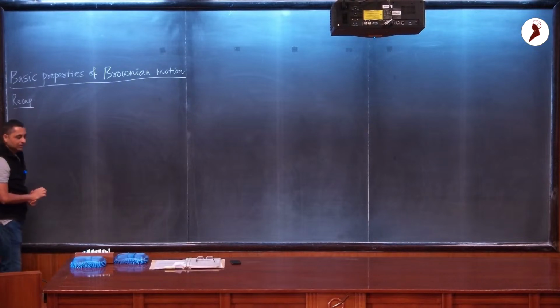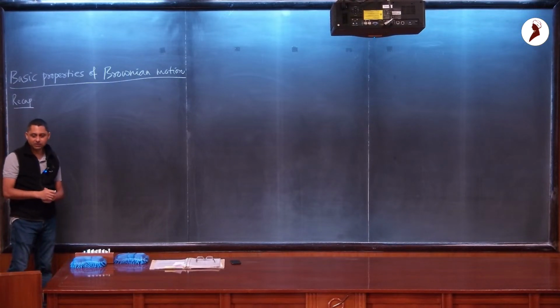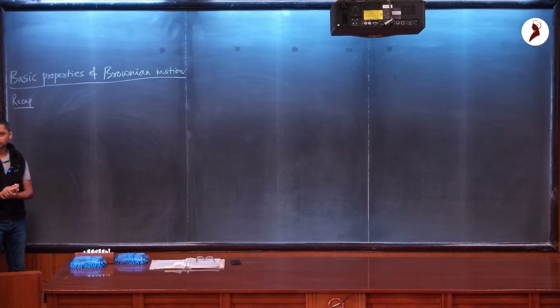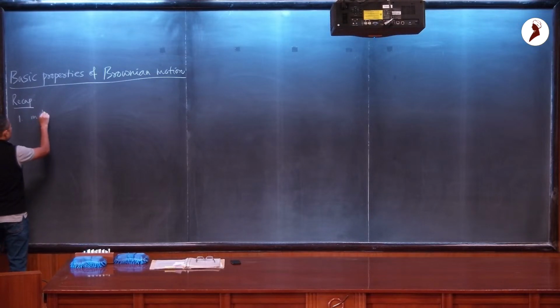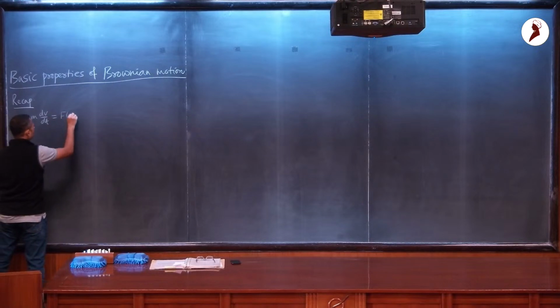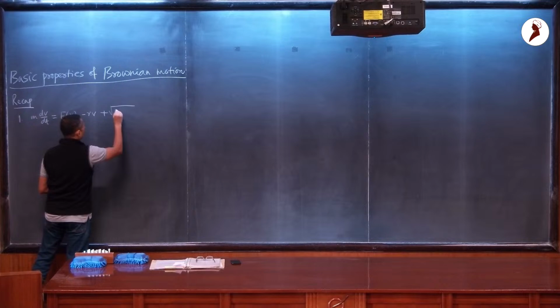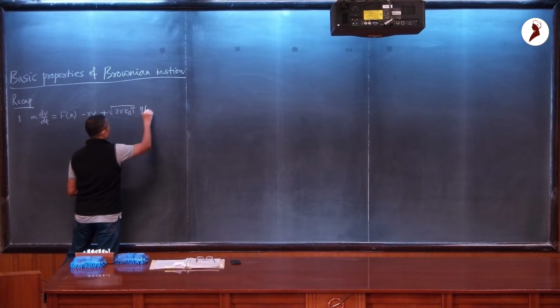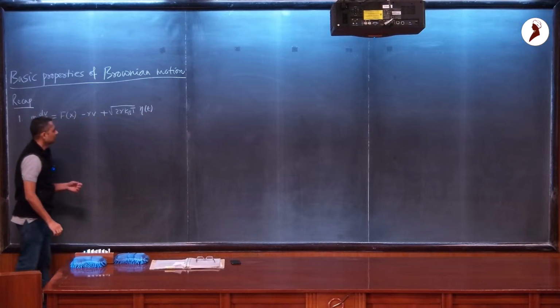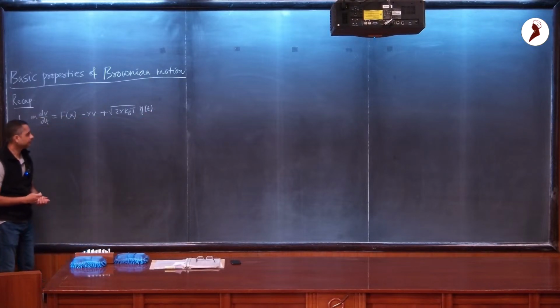Okay. So let me just recap what we did yesterday. We basically wrote down the Langevin equation for Brownian motion, right? So the full Langevin equation which we wrote down is m dv/dt equal to f of x minus gamma v, plus we also found out this coefficient from equipartition, and so this was the equation, right?